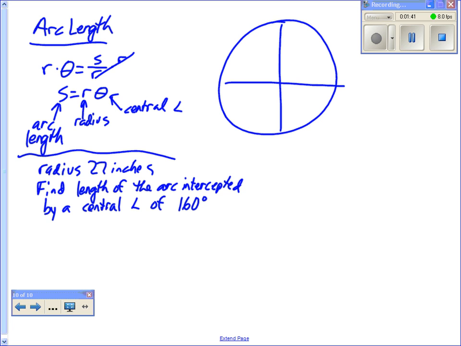So we have this radius here, it's 27 inches in this case. Find the length of the arc intercepted by a central angle of 160 degrees.